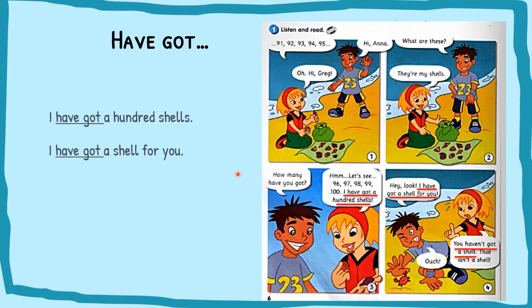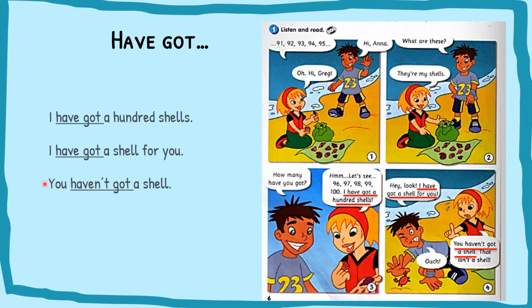Oh yes, in box 4 too, Anna said, you haven't got a shell. Can you see the haven't got? Haven't got is in the negative form. Anna used have not. Why did she use have not? Refer to the subject in front.